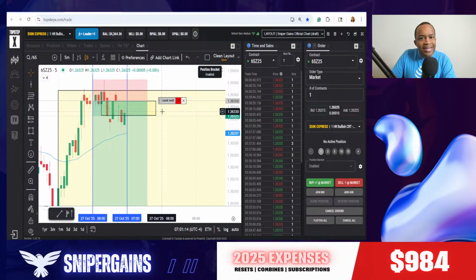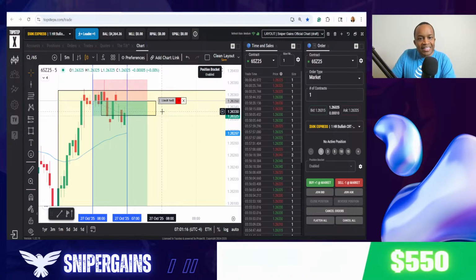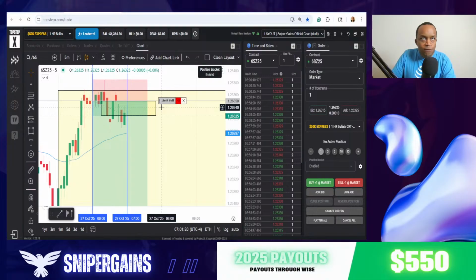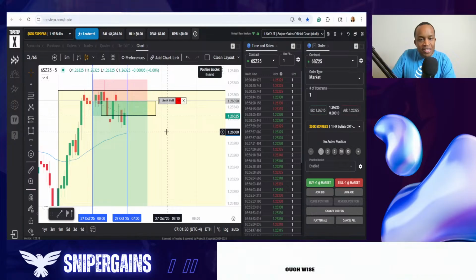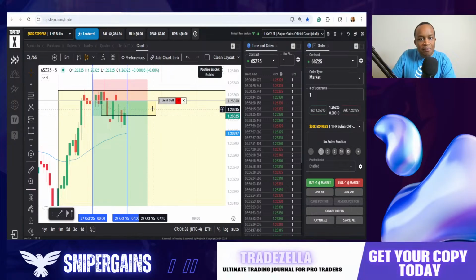The goal with any late entry setup is that you should be at least getting a 2R or higher. So I'm going to just take a chance and try to see if we can tap this again. If it's not giving me any kind of response, then I may have to adjust this limit sell. But ideally don't want to, because this is a really clean spot for it. So I'm just going to wait it out.